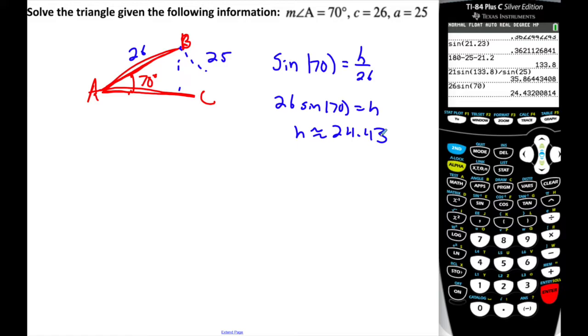So what this tells me is that A is more than the height, but it's less than the other side that I have. So how many triangles is this going to give me? This is a scenario of two possible triangles. In one of them, it comes back like this, right?